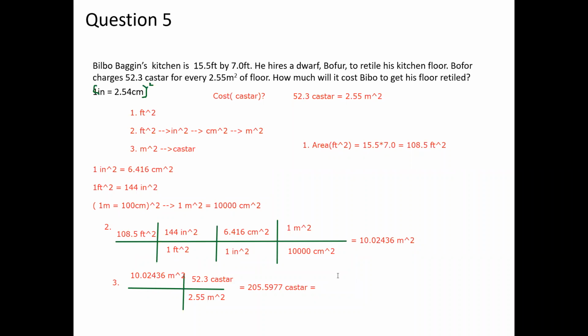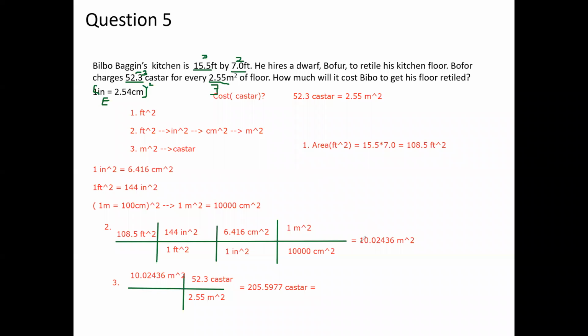But we're not finished yet. We've got to round to the correct number of significant figures. So 15.5 feet has 3. 7.0 feet has 2. 52.3 has 3. 2.55 has 3. 1 inch is 2.54 centimeters is exact.